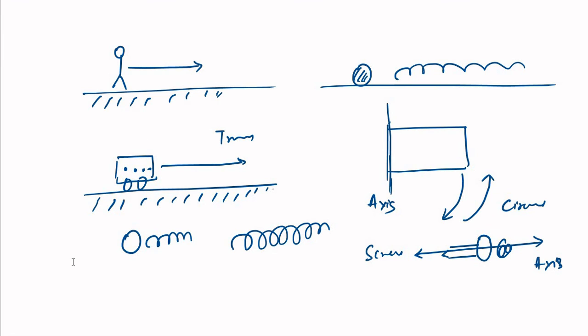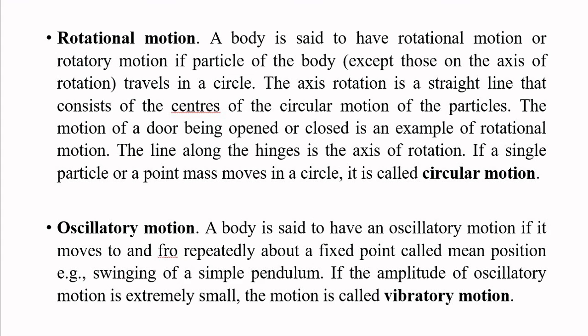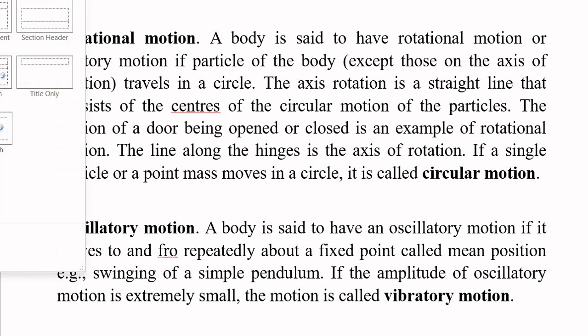Then we have oscillatory motion. Oscillatory motion is basically when we have an object and it undergoes to and fro movement like this, then back like this, then again from here to here, like this.